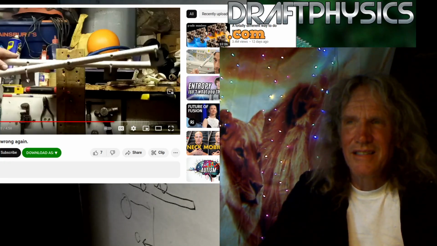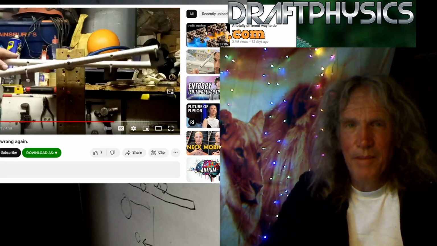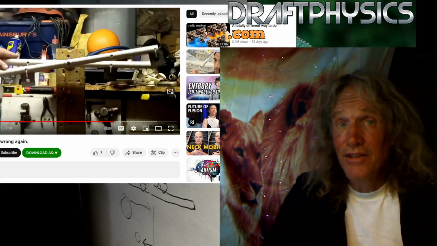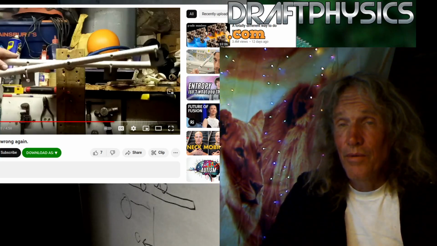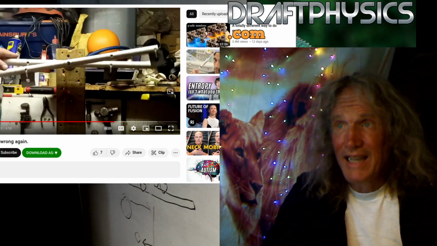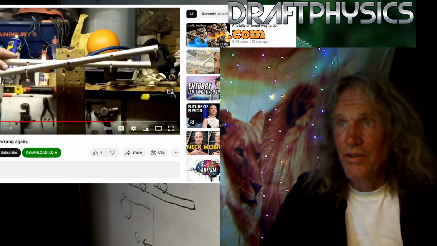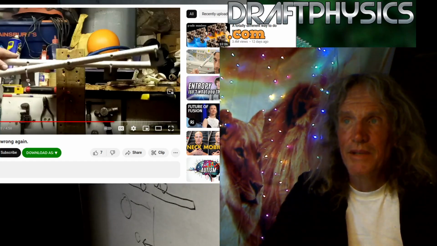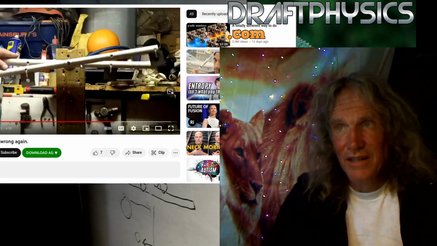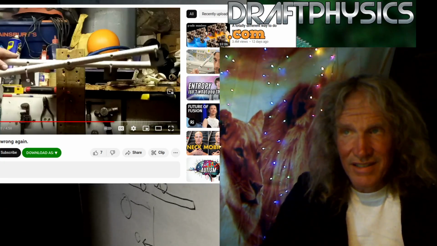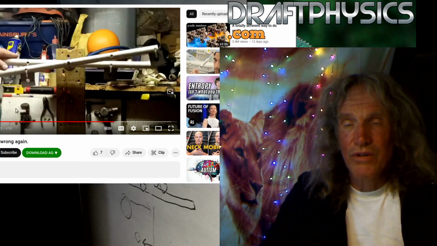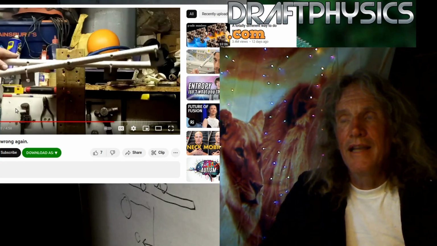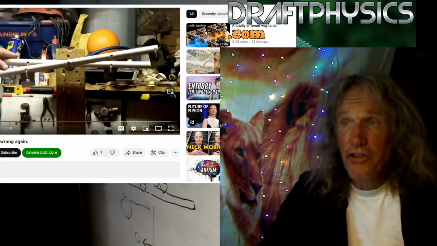So he's sort of conceding the point. How you hang the mass has everything to do with why it falls, why it tries to balance. The entire reason why it tries to balance has to do with these weights being above or below the center line. And if they're on the center line, then it won't recognize that this is in higher gravity.